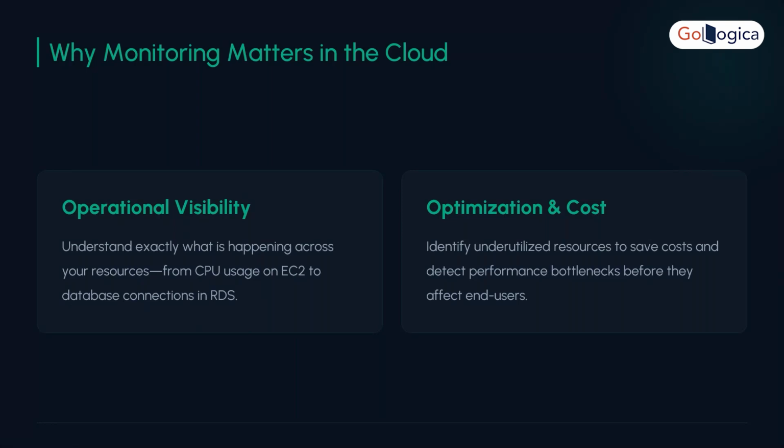So if it is going beyond such CPU capacity, then we can make a decision to launch a new instance, otherwise it will impact users if it is reaching over 95%. So before it reaches that level, we will launch a new instance.